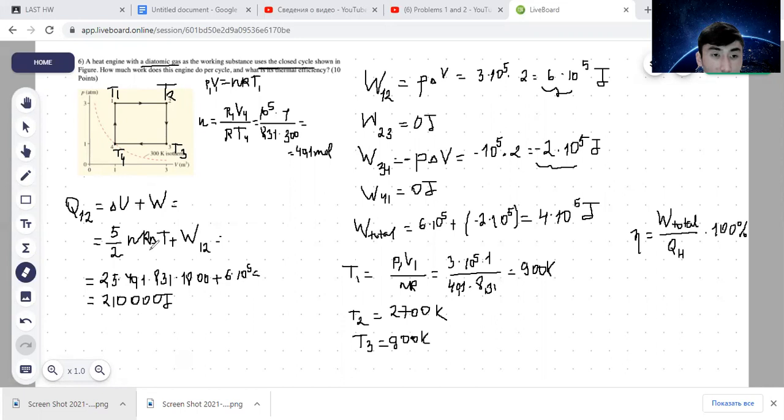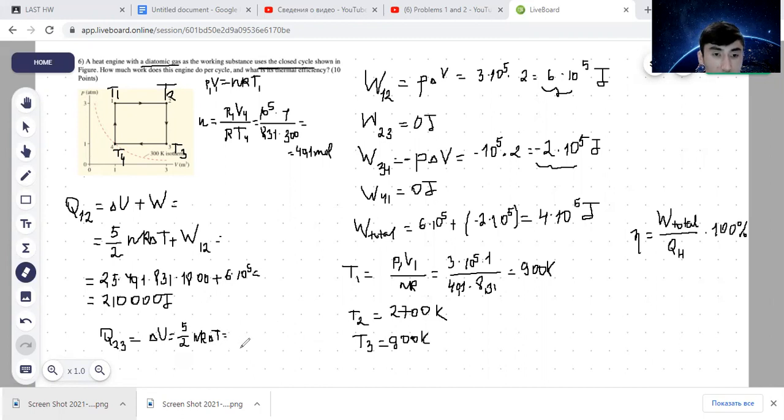So let's turn to the second process, 2 and 3. 2 and 3 is also similar to this, but here there will be only a change of internal energy because work is equal to 0. So delta U equals 5 over 2 NR delta T. All these values are given, right? Here it will be a negative number, T3 minus T2. Moles are given, ideal gas constant is given.